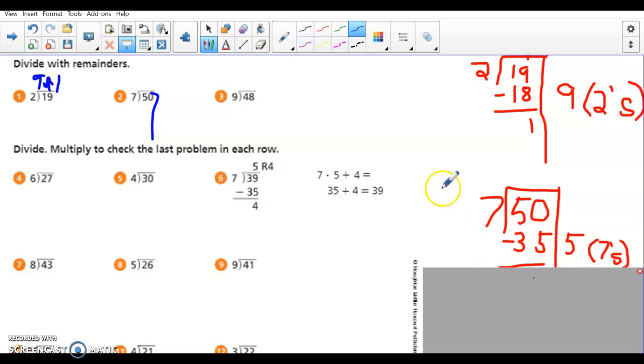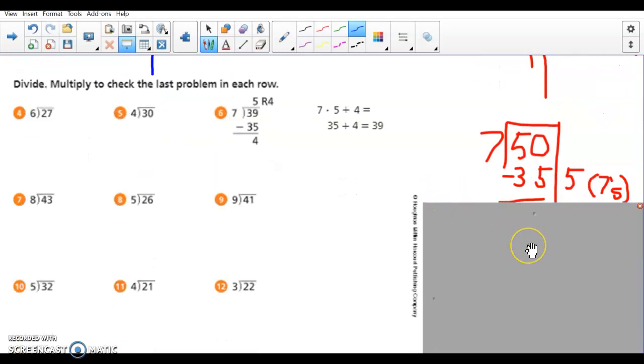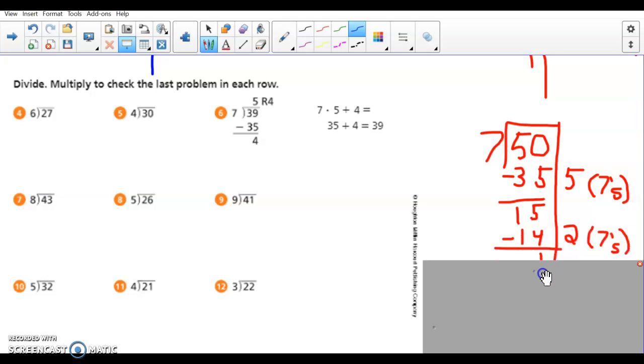That's 35. Well, I need to take those 35 water bottles, or whatever it happens to be, out of my total because I have 5 groups of them. Well, I have 15 left over. I can pull out another couple groups, right? I can do one at a time, or I can see this and say, oh, I can pull out 2 more full groups of 7, and I'm going to subtract that 14, and I'm only going to have 1 left over.